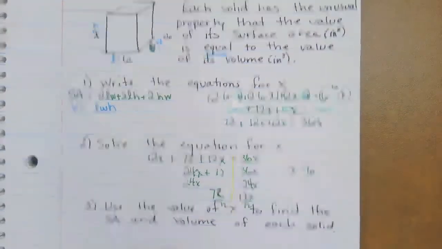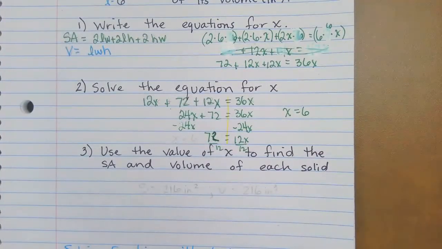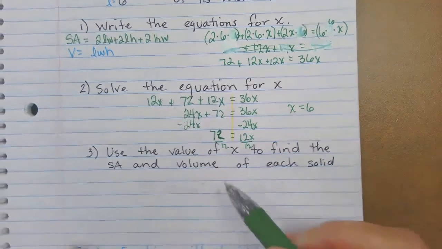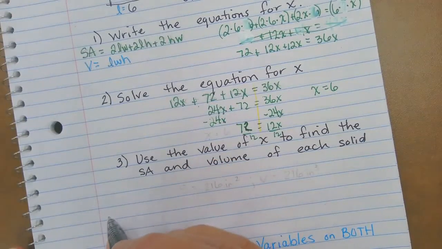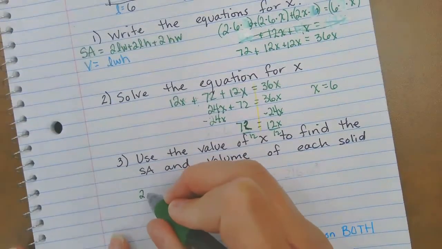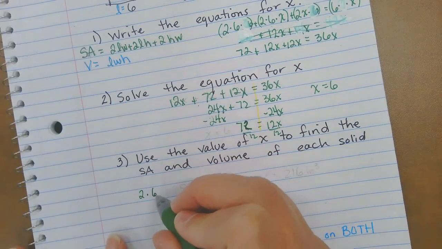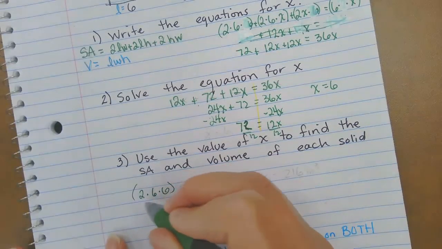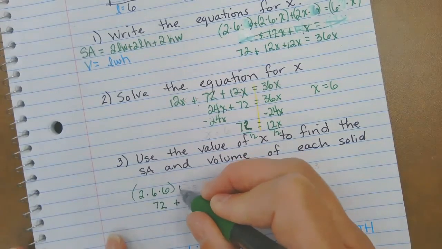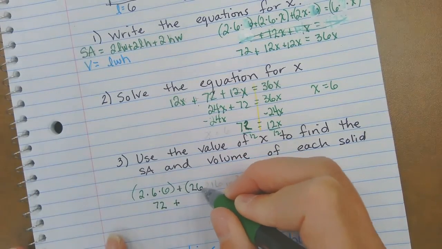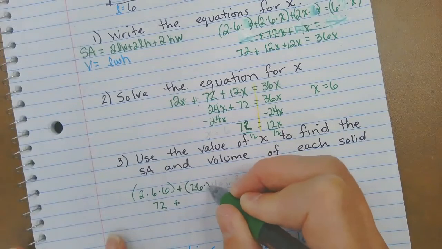Now we're going to use the value of x to find the surface area and the volume of each one. So we'd go back up to our formula and put that in. So 2 times 6 times 6, which we said was 72, plus we had 2 times 6 times x.